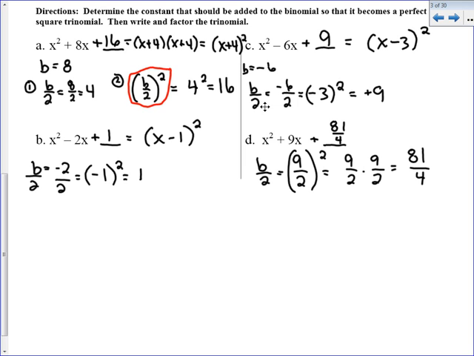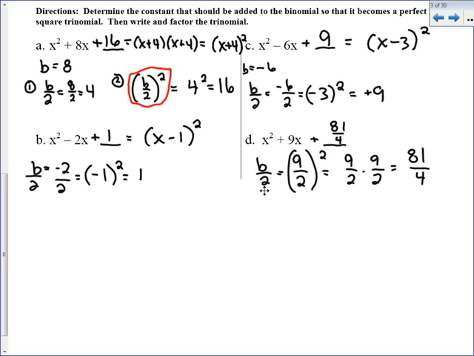Next one, I did my b over 2. I did negative 6 divided by 2, and what did I get? Negative 3. And what ended up over in my factor? Negative 3. In this next problem, I did b over 2. Negative 2 over 2 gave me negative 1. And sure enough, the number that landed in my factor, negative 1.